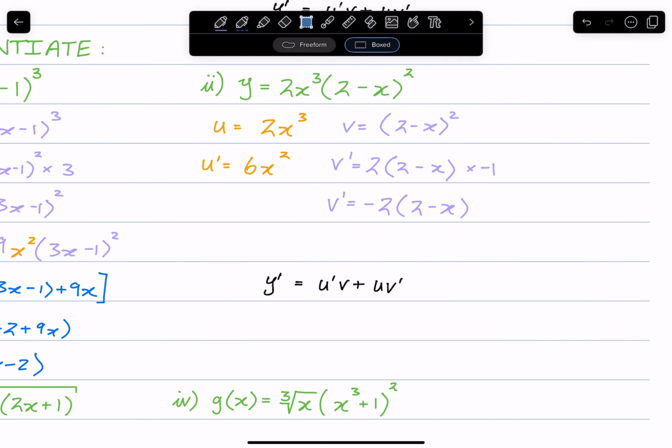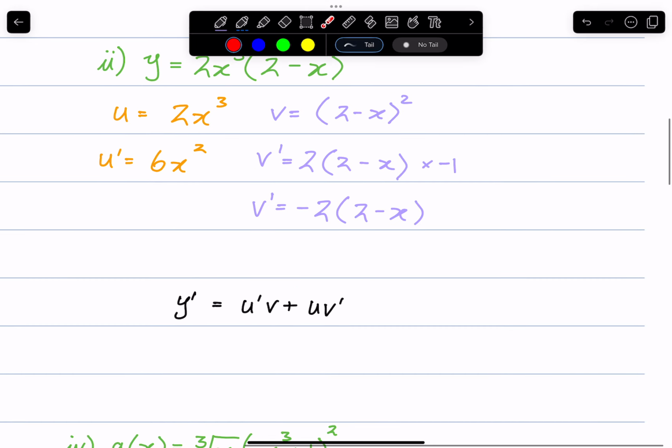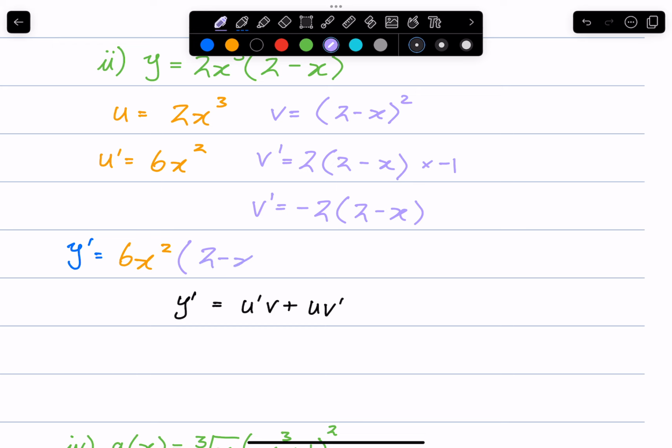So now all we are doing is applying this product rule. So u prime times v. So y prime equals u prime times v, so 6x squared times 2 minus x squared, plus u times v prime.